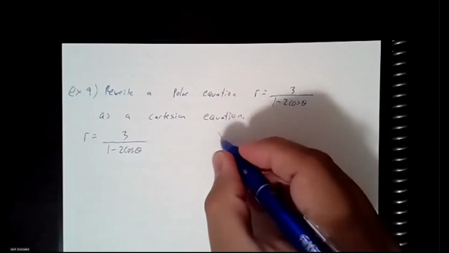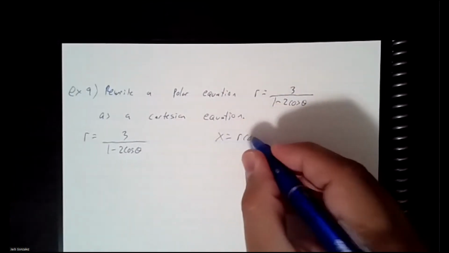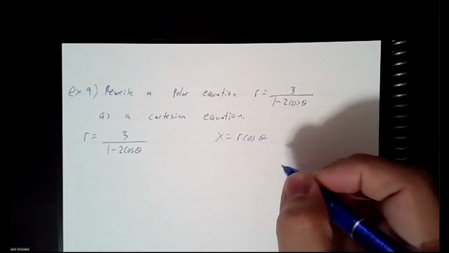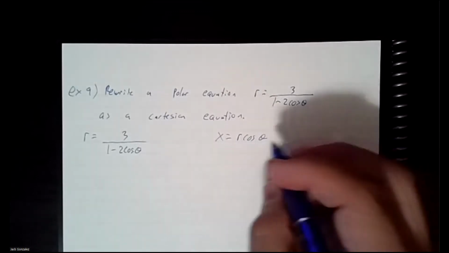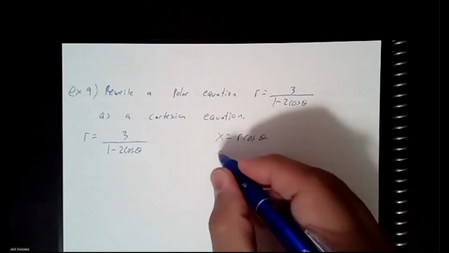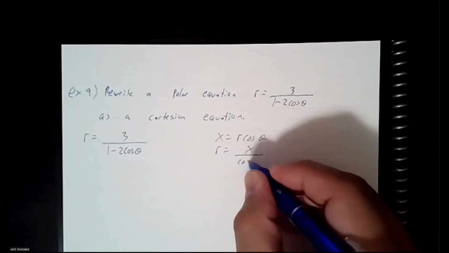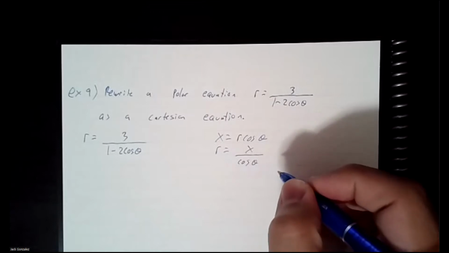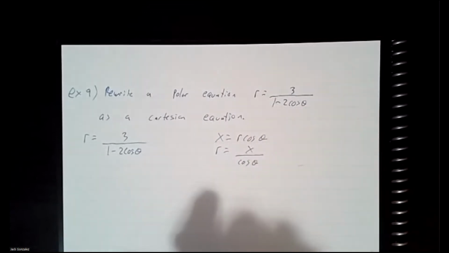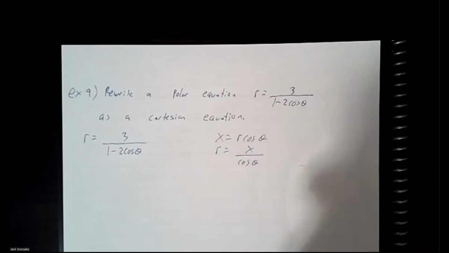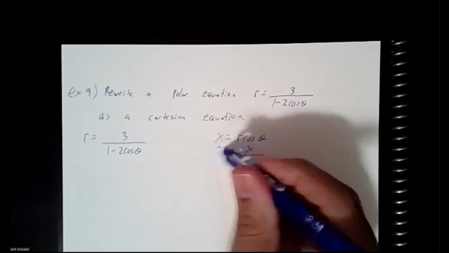Remember that x is equal to r cosine theta, right? But that also means that r is equal to x over cosine. So actually, no, that's not helpful.